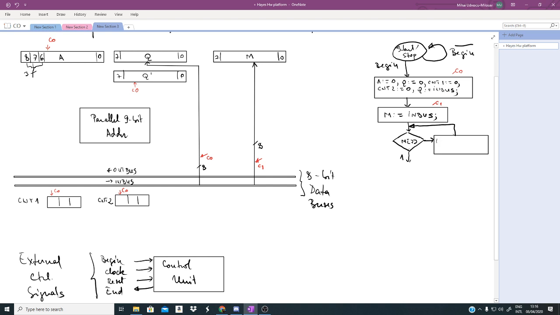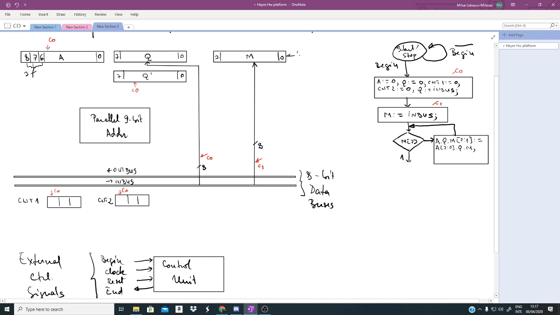So in A concatenated with Q concatenated with M, from 7 down to 1, we put what was previously in A from 7 to 0 concatenated with Q and concatenated with the entire M. We put in this position M of 0, right?